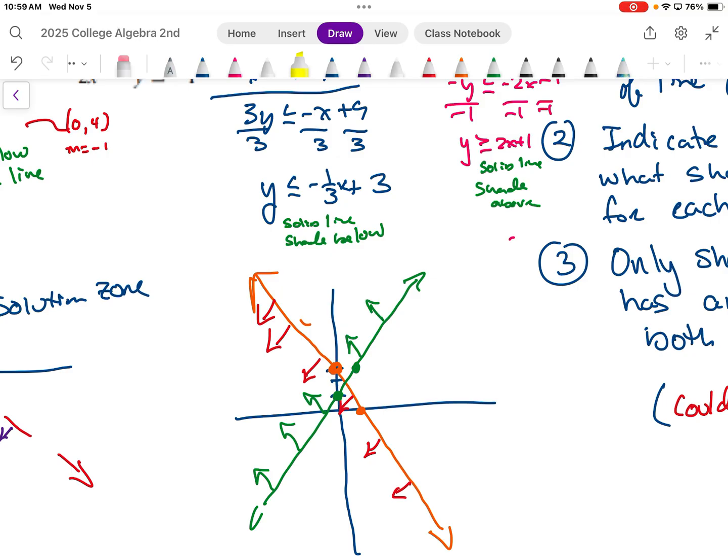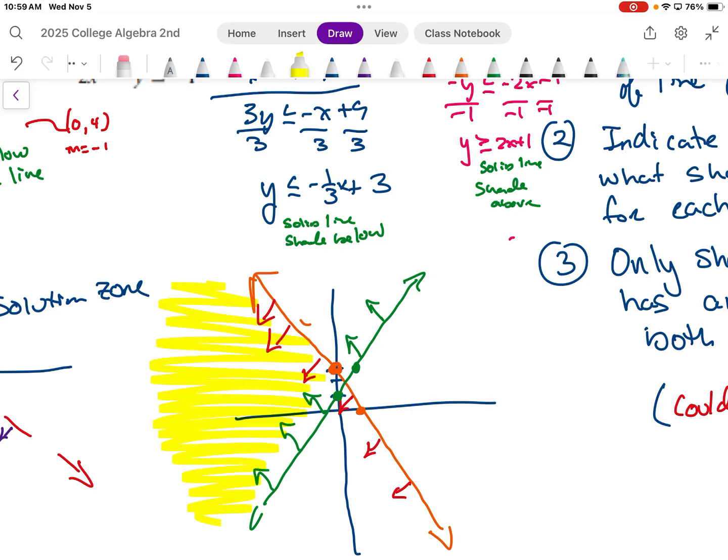So what's the only section they point to the same exact location? Bless you. That section right there. So there's my solution zone. That's my solution zone.